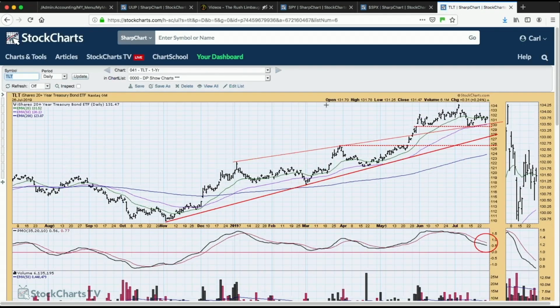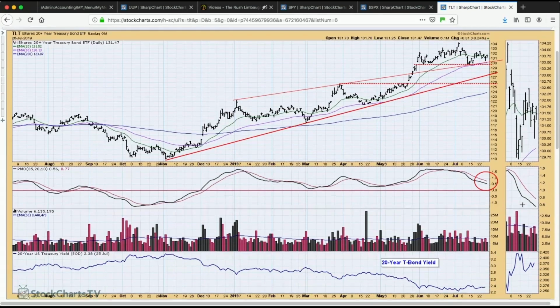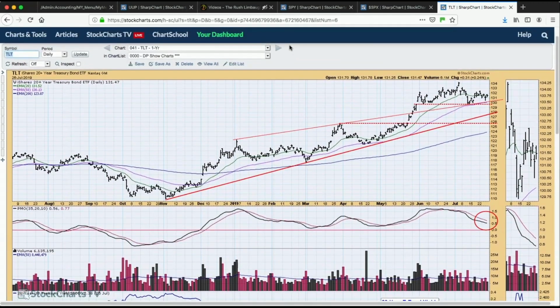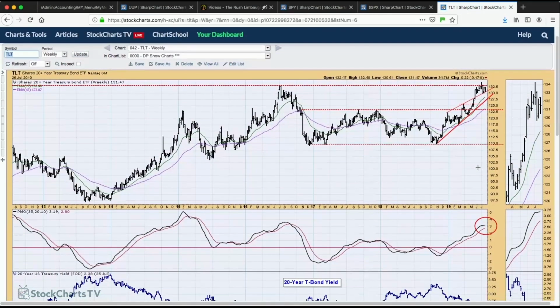T-bonds, it looks like it's topping here, and we've got a falling PMO, but you get a different perspective when you look at the weekly. You see we've got overhead resistance, which could encourage a top.